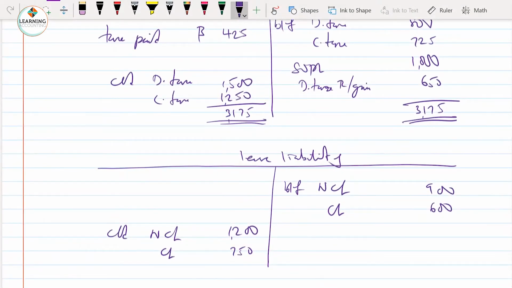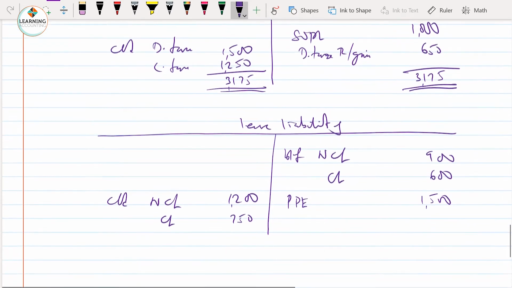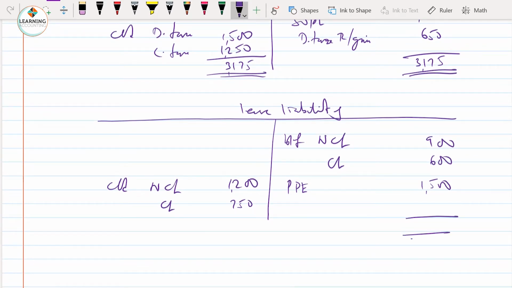Then from the PPE account, we have a right of use asset of 1005. So this will give us a summation of 3000. And this is 1950. The difference should give us 1050. And that's the balancing figure there.